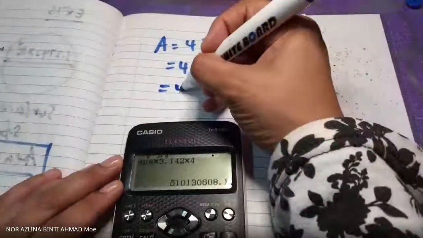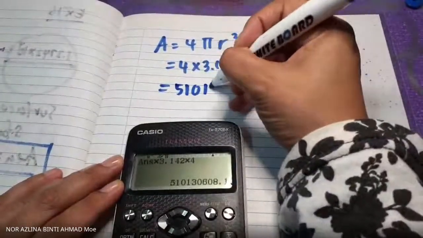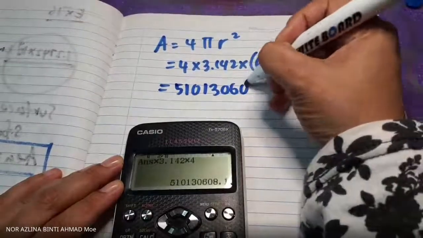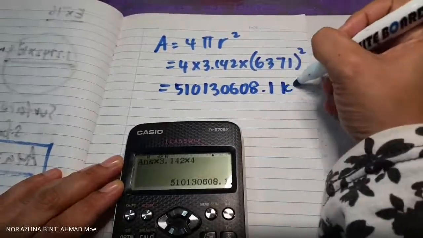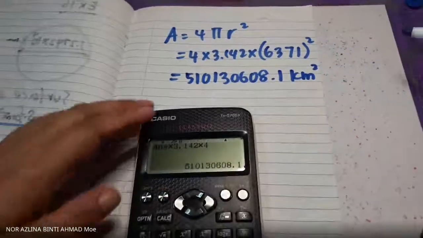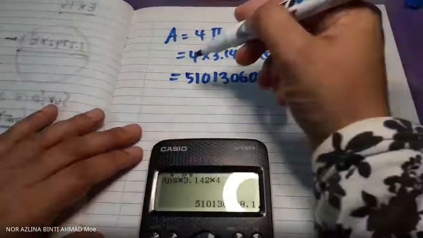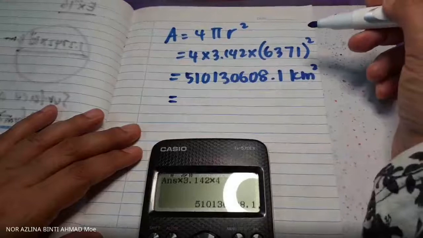I get 510130,608.1 kilometers squared. But I want to give the answer in standard form.